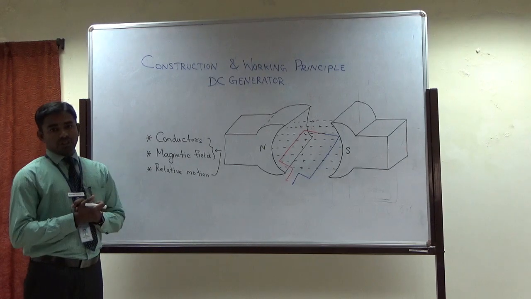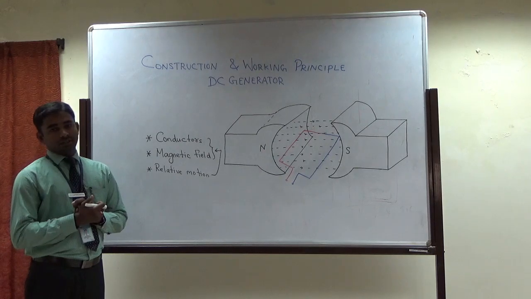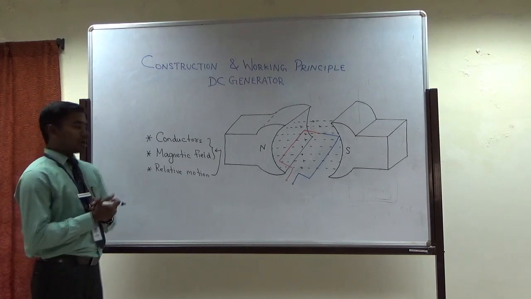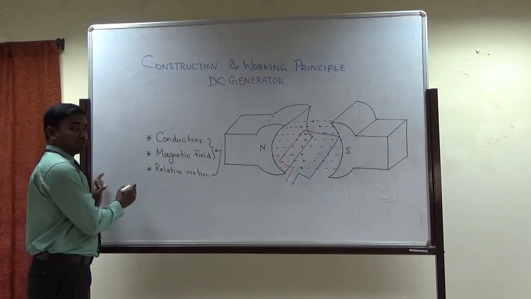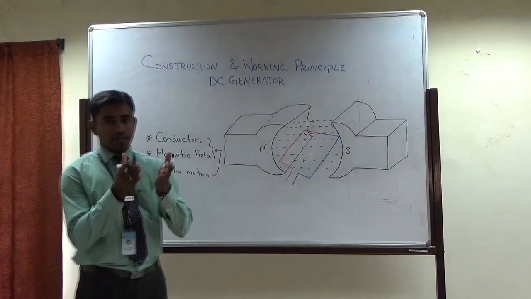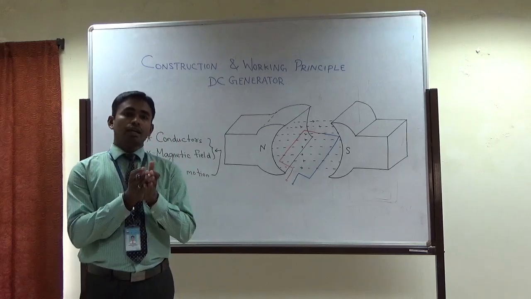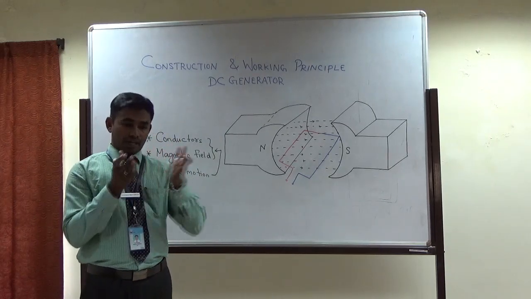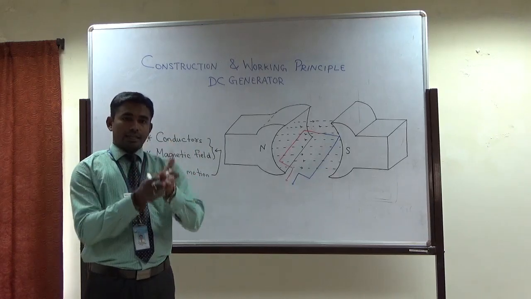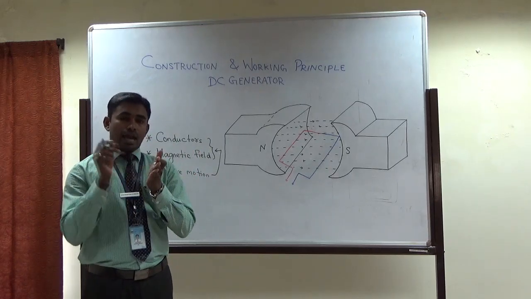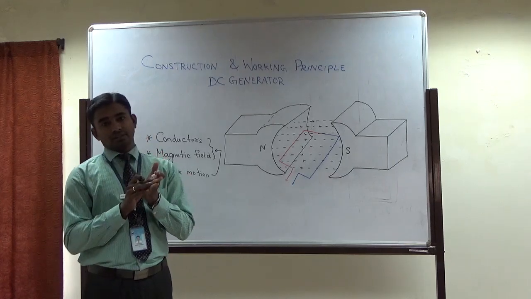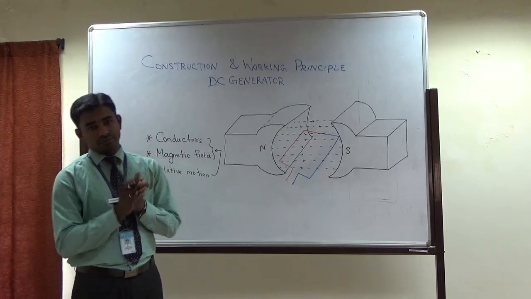Faraday's law 1 states that when a conductor, a conducting material, is linked with the magnetic field, an EMF or voltage is induced in that conductor.